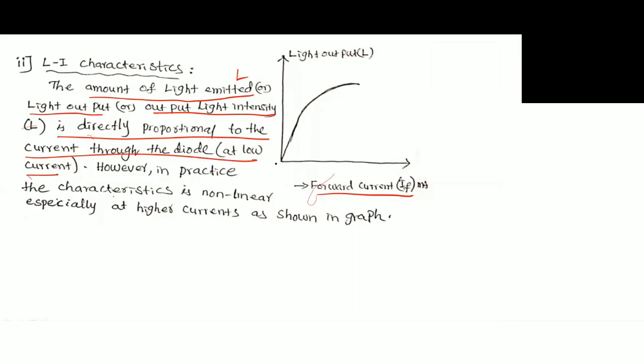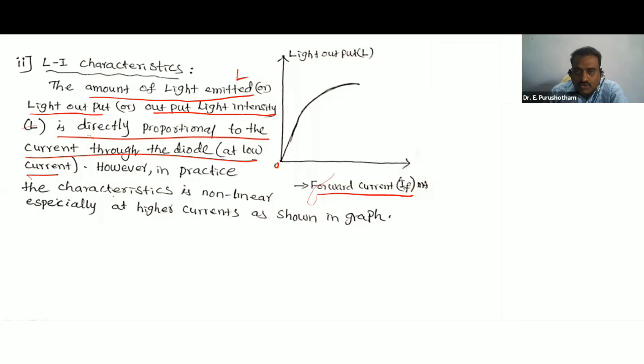So this is 0. Light intensity increases up to here; up to here, L is directly proportional to I. Light intensity increases as current increases at low current values. But at higher current values, we get a non-linear curve.